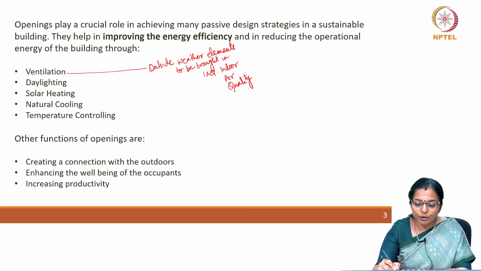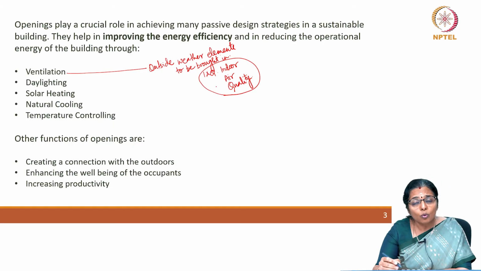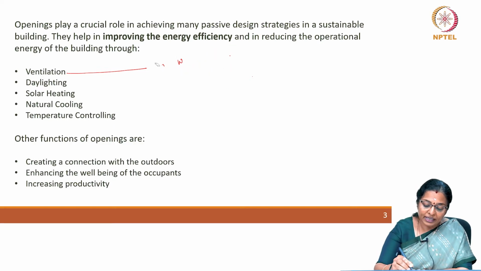If you do not want to do that, then to improve indoor air quality, we must have openings which facilitate ventilation. Now, the second thing that openings can do is bring in daylight.